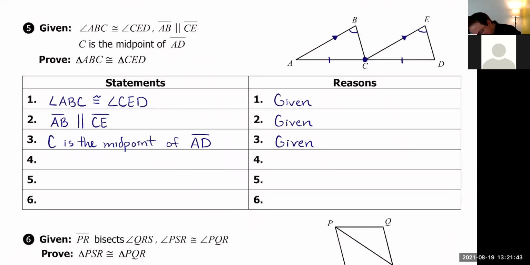So we can say that AC is congruent to CD. And that is thanks to the definition of midpoint.